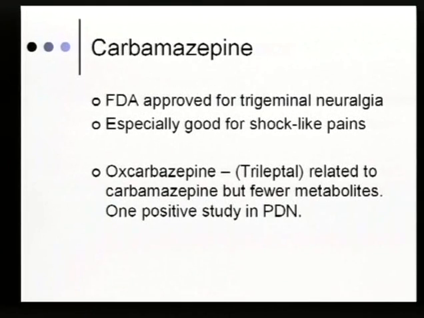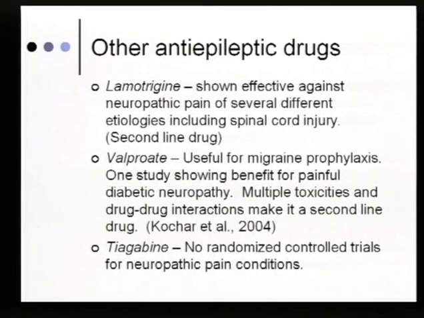Tegretol's an oldie, which is especially good for trigeminal neuralgia, the facial pain seen in MS, but it can cause sedation and balance problems, etc. And then there are some other anti-seizure medicines down the line, but in part they just haven't been studied, in part they may not be as good, but they're things you may see people trying.